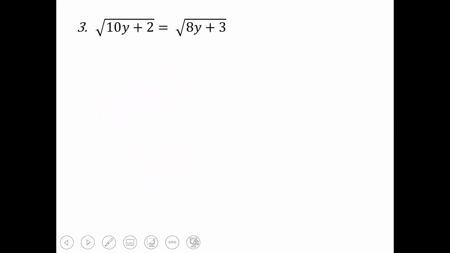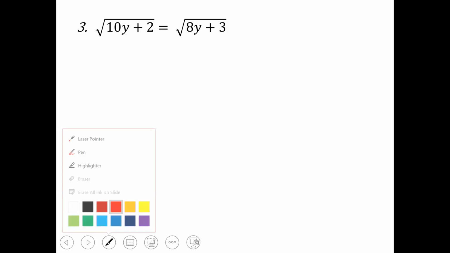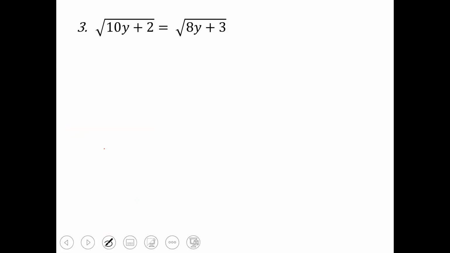Okay, let's try another one. Here we have 2 square roots, one on each side of the equal sign. Is each square root by itself? Yes, they are. So from the get-go, we can put parentheses around each one and take the square. Now the square root and the square cancel each other out, so bring down your middle.